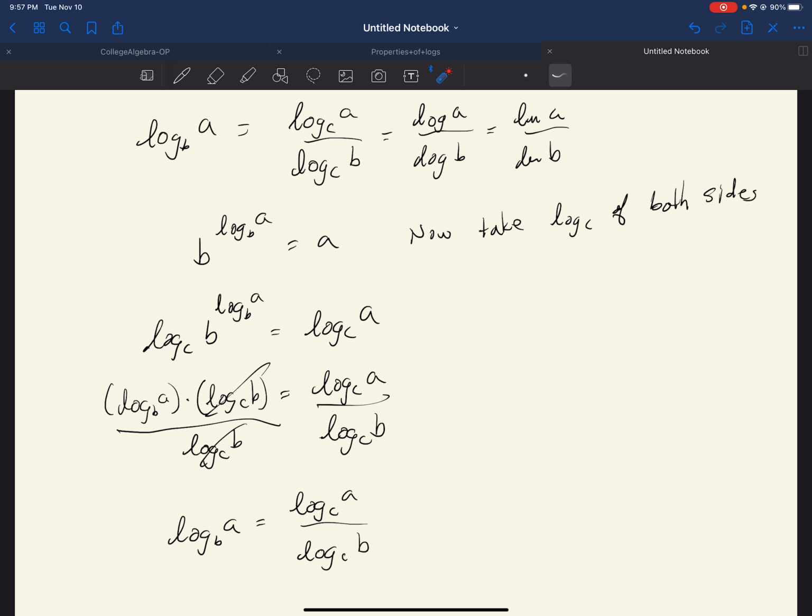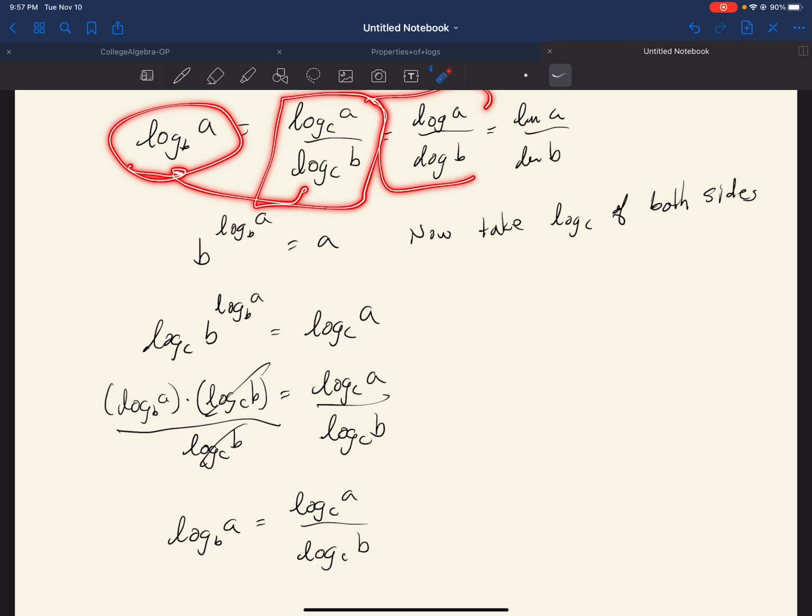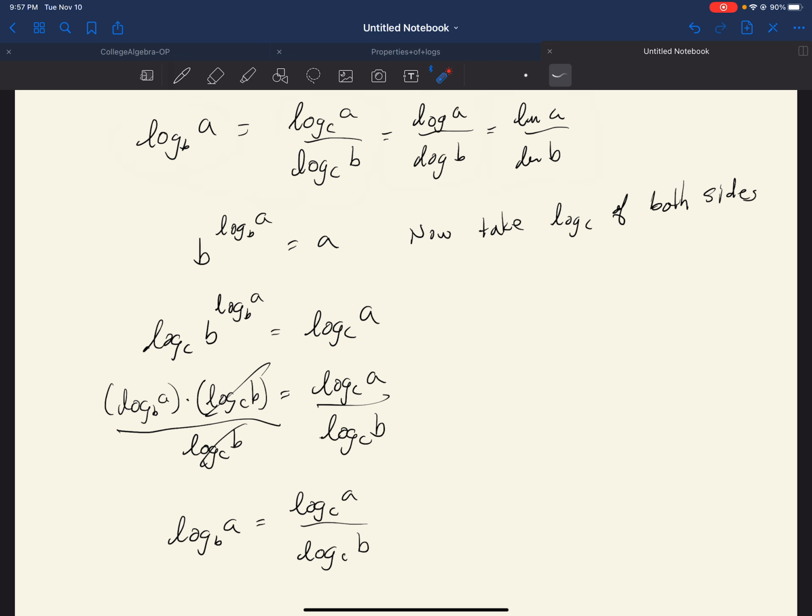And here's how I remembered it. Nobody told me this, but when I was a student at college, I figured this out. Whenever we write the log, this always sits lower than this. And so I remembered that the change of base, somehow you start with a regular log and it turns into a fraction. Notice all of these, any way you slice it, they're a fraction.